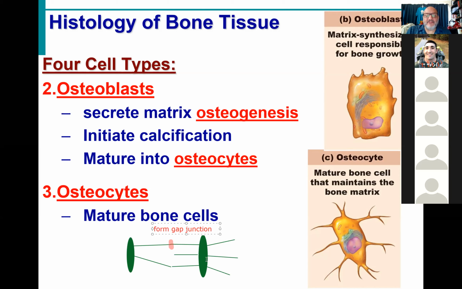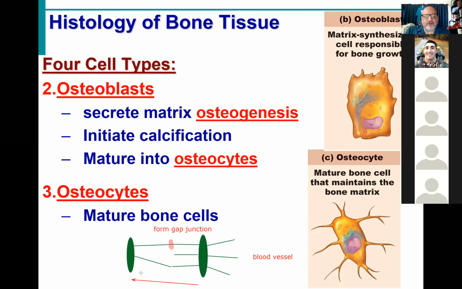So maybe what happens is this cell right here on the right is very close to a blood vessel. So it is getting a lot of oxygen. It is getting a lot of nutrients. And so it can spread that oxygen and the nutrients to the cells that are farther away.